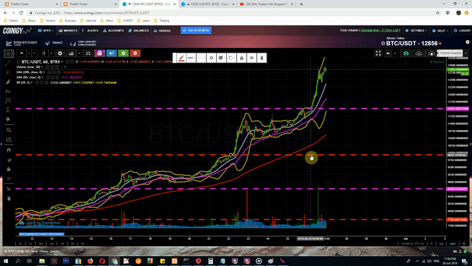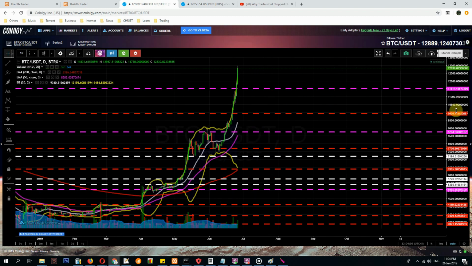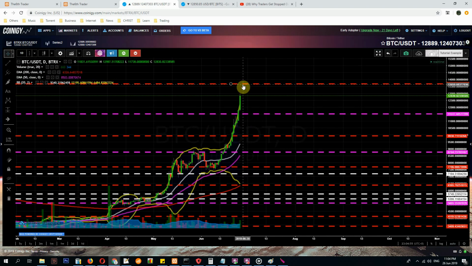Red is for monthly. This is a very significant support or resistance. Violet is weekly, so this is less significant. And white is for daily. This is even less significant. Looking at the price there, the price is fast approaching a red resistance, which is a monthly resistance.